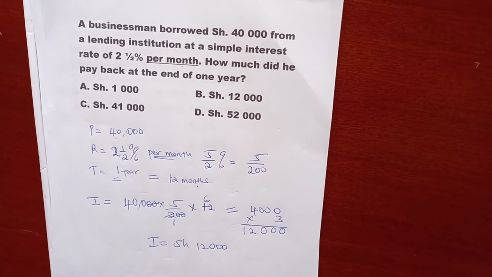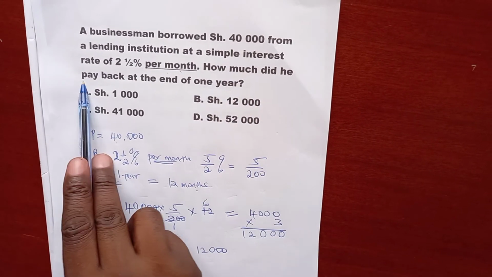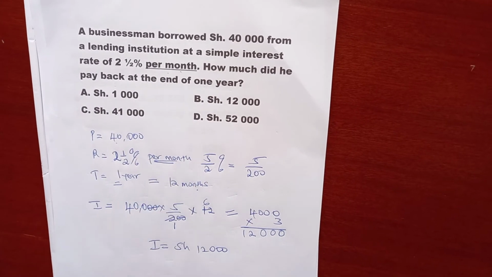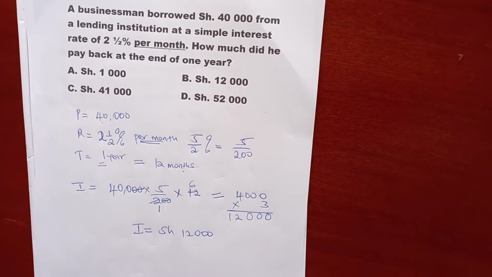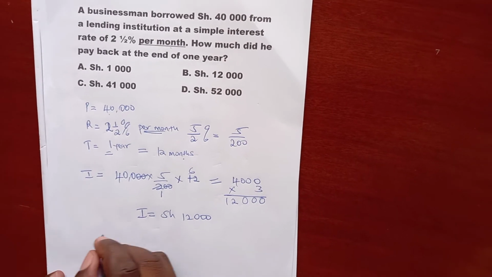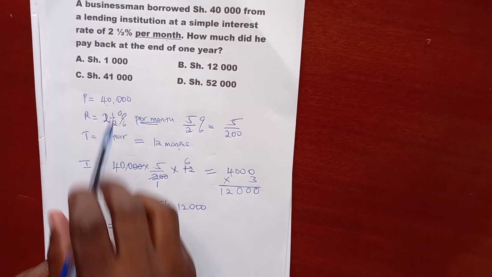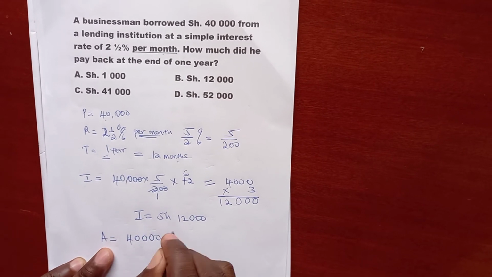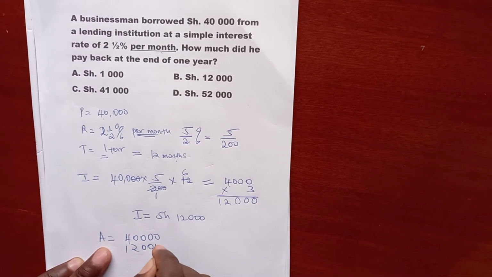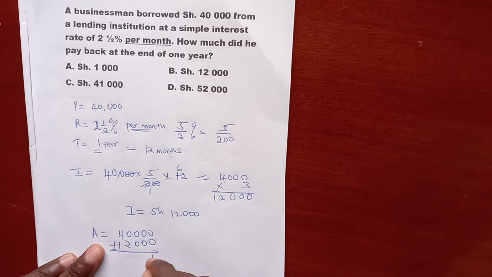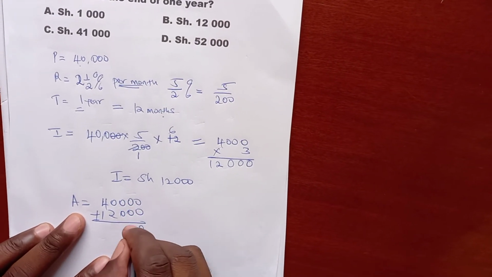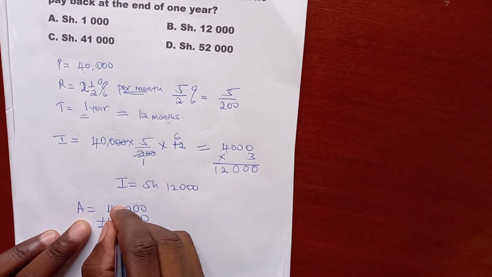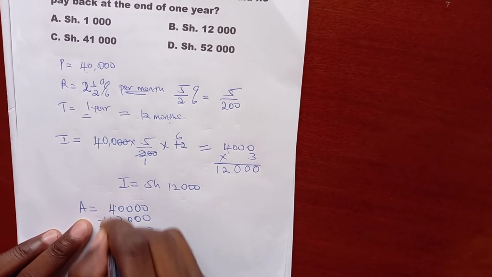What is the question asking? How much did he pay back at the end of 1 year? The amount payable is the amount. So amount is equal to principal, which was 40,000, plus our interest 12,000. 0 plus 0, 0, 0 plus 0, 0, 0 plus 0, 0, 0 plus 2, 2, 4 plus 1, 5.